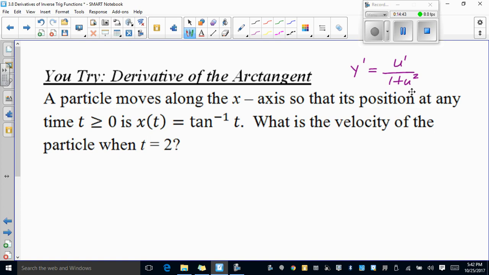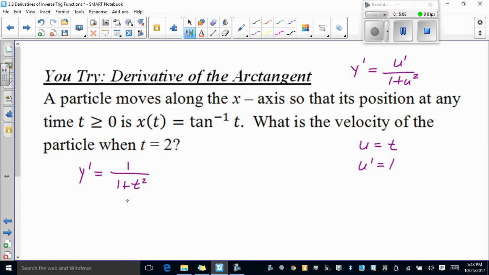How easy is this? So y prime equals 1 over 1 plus u squared, but that's t, so t squared. There's your derivative. y prime evaluated at 2 equals 1 over 1 plus 2 squared, or 1 over 5.